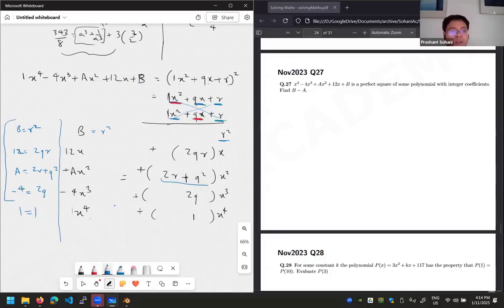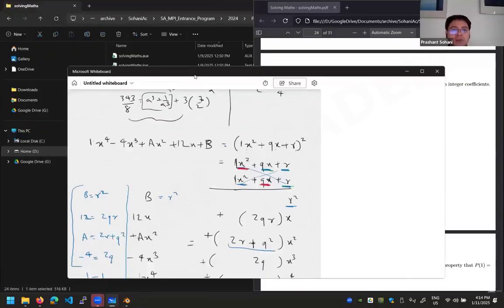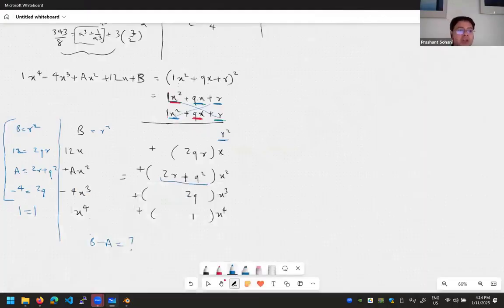And finally, what do I need to find? I need to find B minus A. So if I need to find B minus A, I need to eliminate everything else. I need to get rid of q and r. Now this is just algebraic, like solving simultaneous equations. Already I can see that from the last row, minus 4 is equal to 2q, I'm able to obtain the value of q.